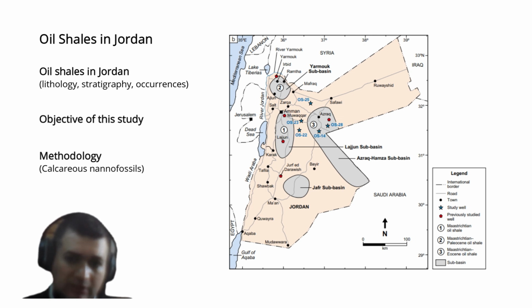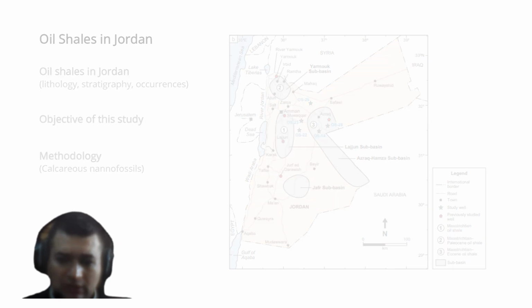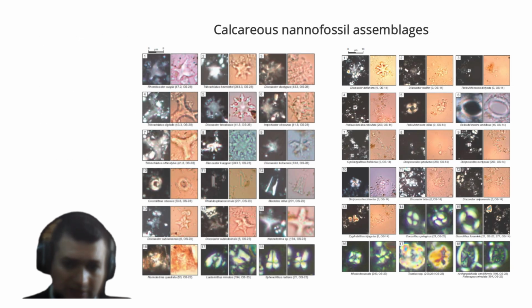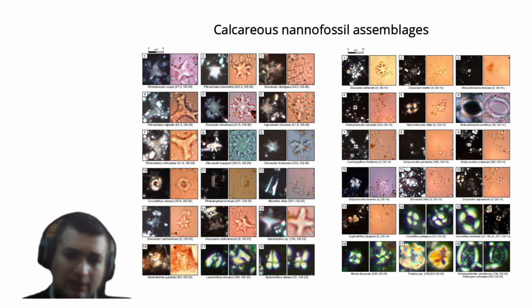We took samples from many wells in the central part of Jordan, OS25, OS23, OS22, OS14, and OS28 in the east. We prepared smear slides to understand the age first.